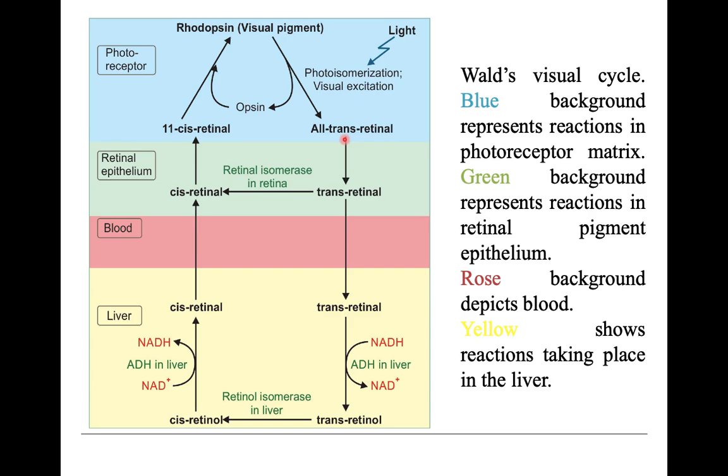So the completion of this Wald visual cycle takes place via two routes. One within the retina itself, which is shown here up to this part. In the other part, via the route of blood, it can go into the liver. It takes the help of the enzyme alcohol dehydrogenase and then will be converted to rhodopsin once again.